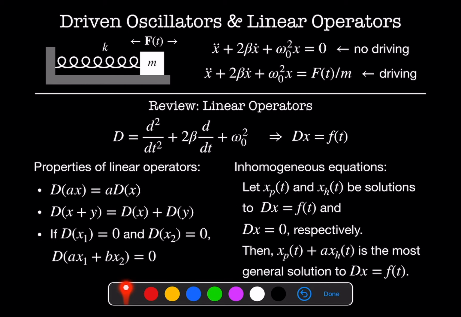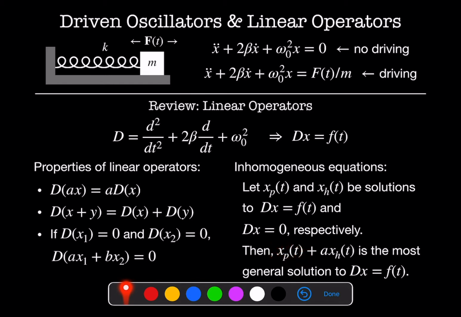And I can come up with the most general possible solution to my original equation, so D x is equal to f of t. And that solution is going to be x particular plus constants times my homogeneous solutions. And so these are linear superpositions of solutions. But it's important to note that I can't put a constant outside my particular solution.